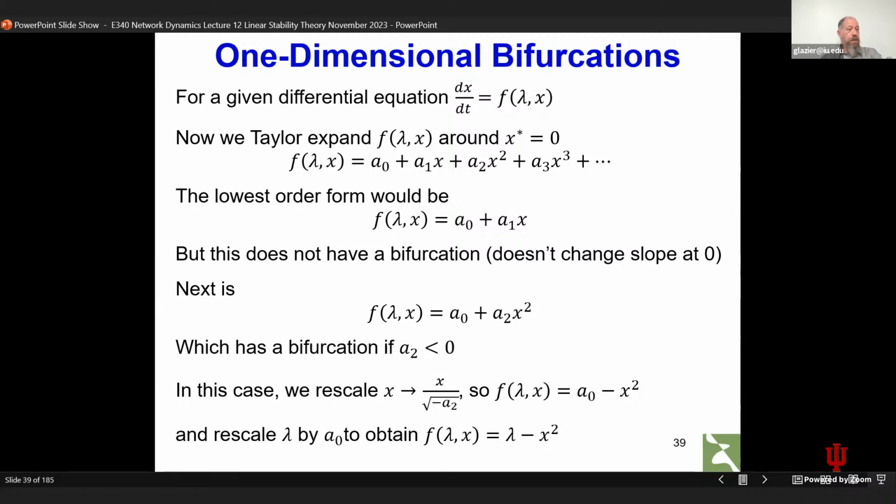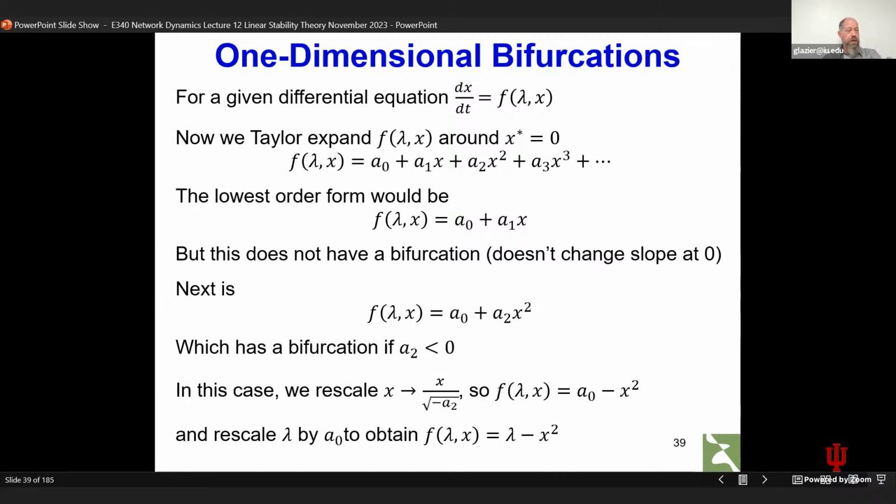And the problem with that is that it doesn't change its slope at 0. It's not tangent to 0 at 0. And so there's no bifurcation. The next one that we get would be f of lambda comma x is a0 plus a2x squared. And that one is going to have a bifurcation if a2 is less than 0.